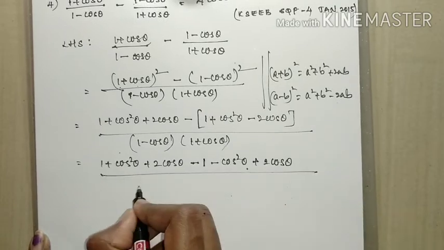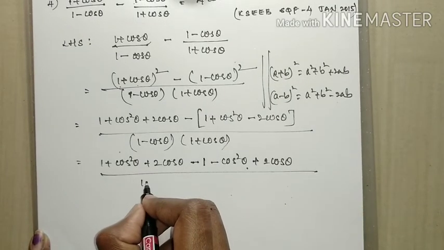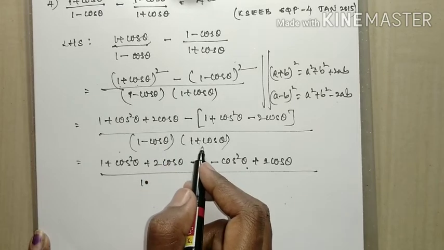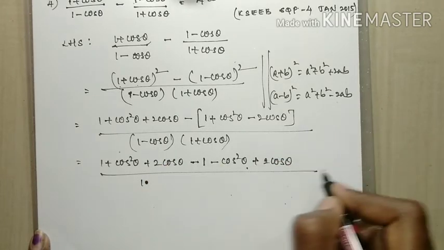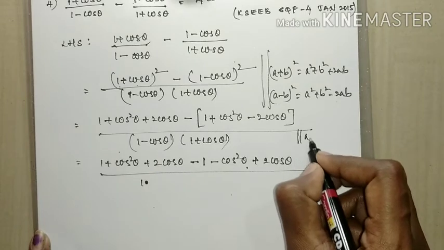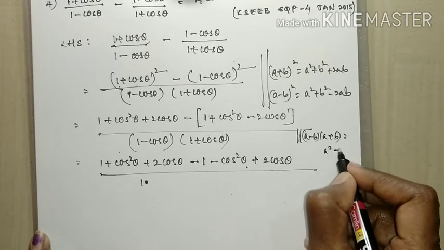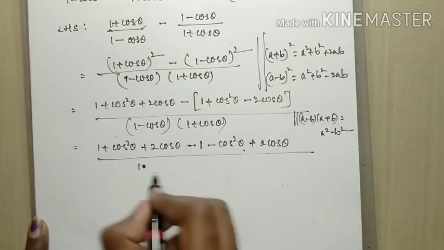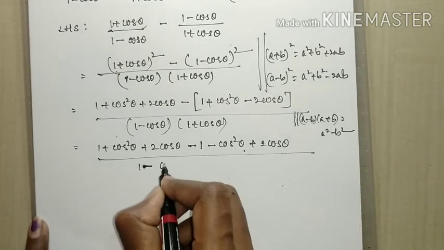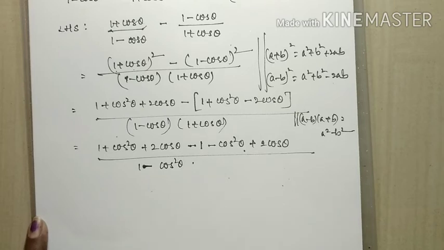So whole divided by, this is a minus b into a plus b form, that is a minus b into a plus b equals a square minus b square. So that is 1 minus cos square theta.